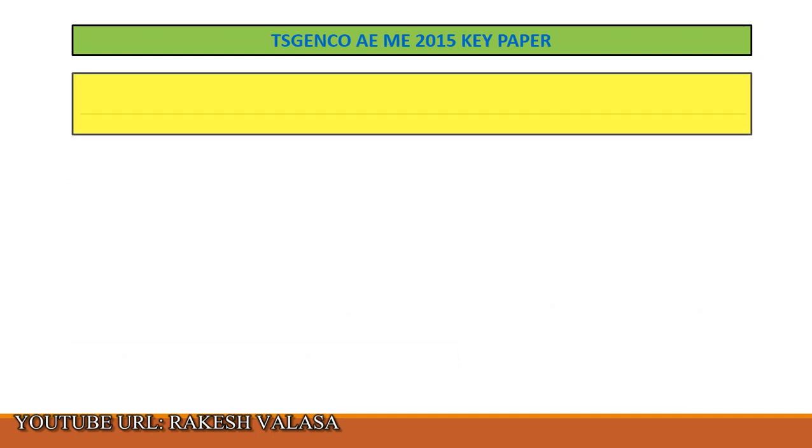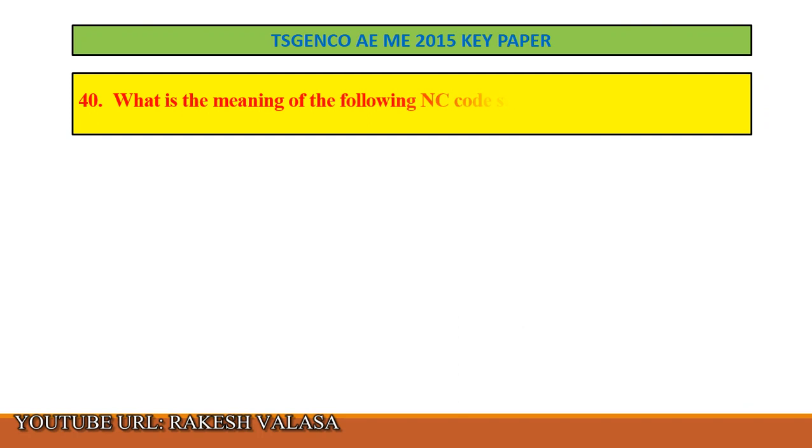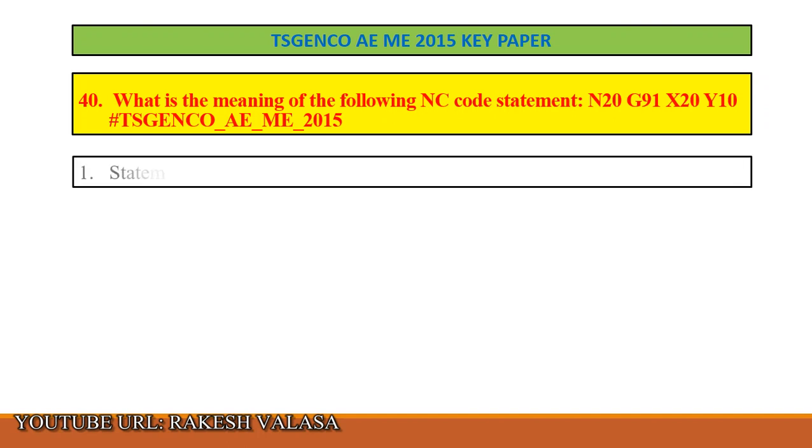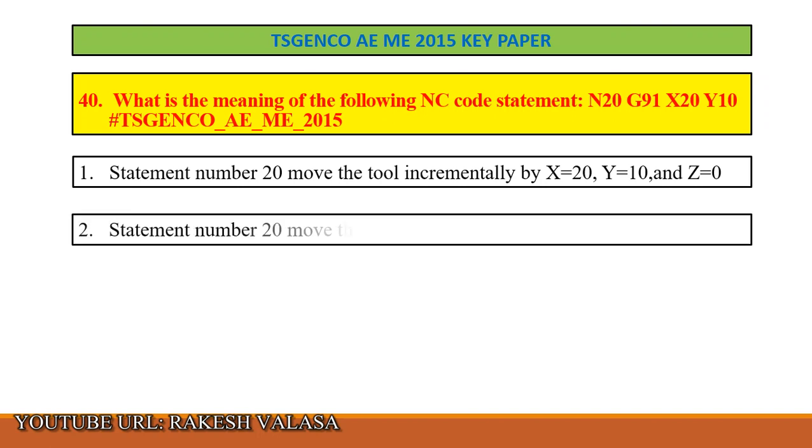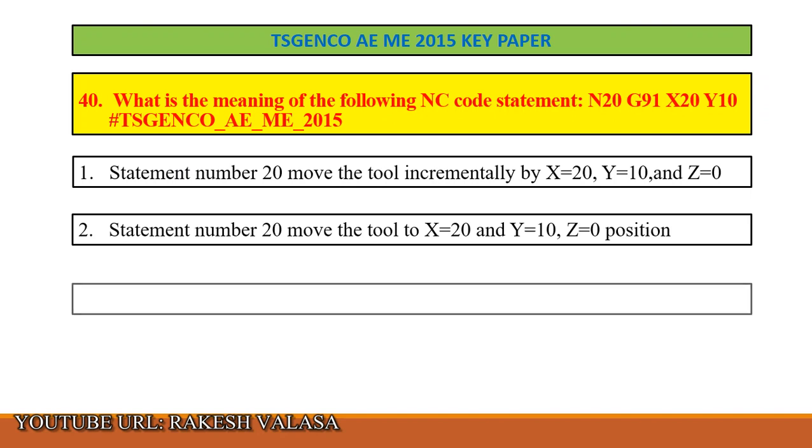Question number 40. What is the meaning of the following NC code statement? N20, G91, X20, Y10. Option 1, statement number 20, move the tool incrementally by x20, y10 and z0. Option 2, statement number 20, move the tool to x equal 20 and y equal 10, z equal 0 position.